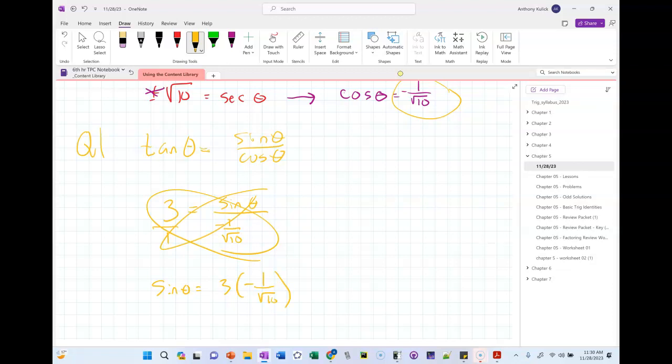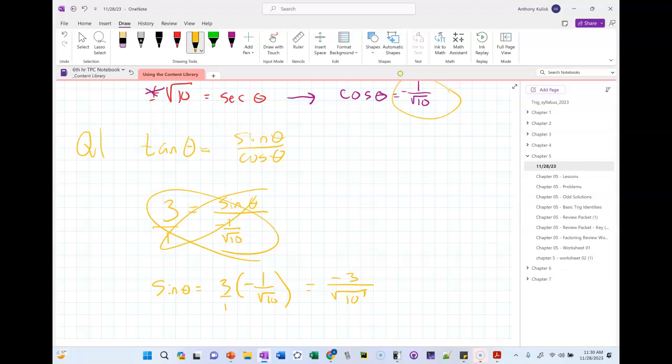So far, so good. What do I get when I multiply 3 times negative 1 over square root 10 together? How do I multiply 2 fractions together? Nope. Just top to top, bottom to bottom. Cross multiplication is a solving technique, but to multiply fractions is just straight across.